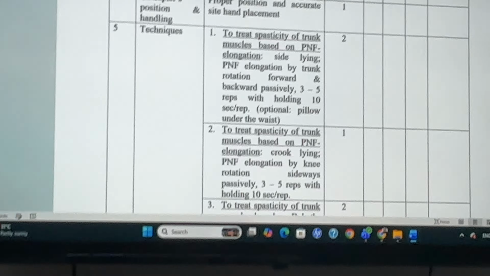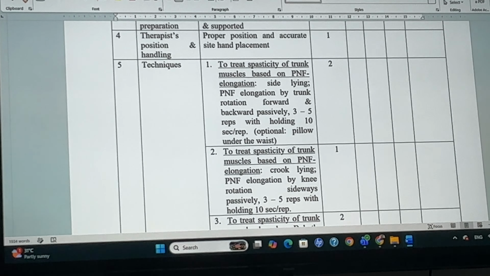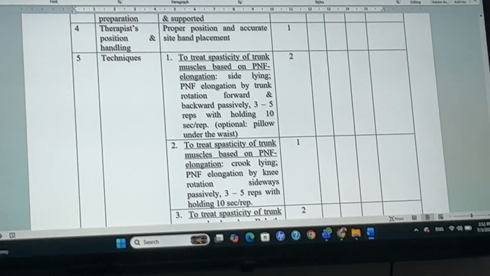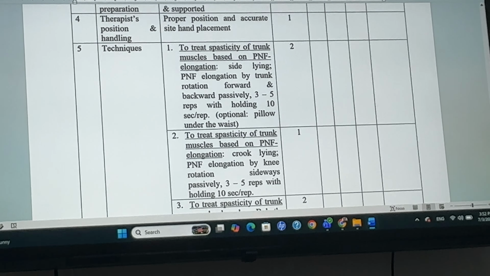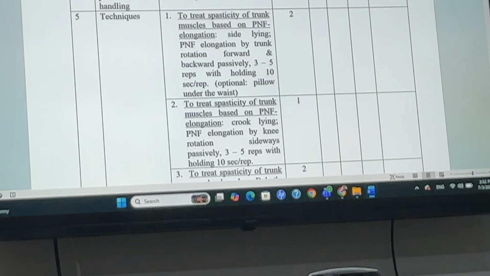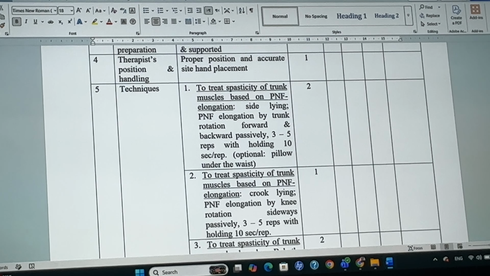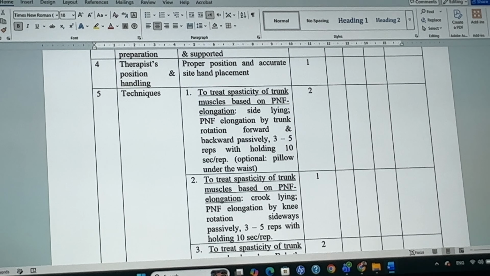Okay, any questions? Okay, so we're going to practice one. We start with hypertonus of the upper limbs and then how we overcome the hypertonus using Bobath, using ROD, using PNF.